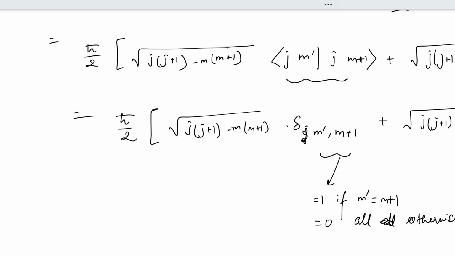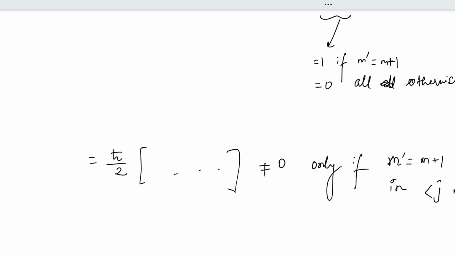You have this part where a matrix element <j m prime| with |j m> will only give you a non-zero value if either m prime equals m plus 1 or m prime equals m minus 1. So this is not equal to 0 only if m prime equals m plus 1 or m minus 1 in the matrix element choosing of <j m prime| Jx matrix |j m>.